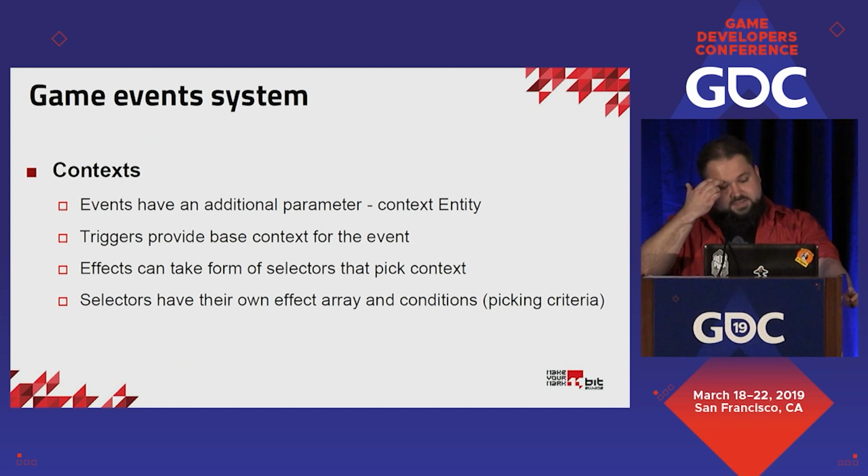So inside the effects, the designers can put selectors that filter entities through the city, through the game state basically, and execute effects with these selected entities as contexts. So they are able to switch context during the event execution. And by the way, the default context for every event is a generator, so when the event can't really be hung on anything, it is hung on the generator.